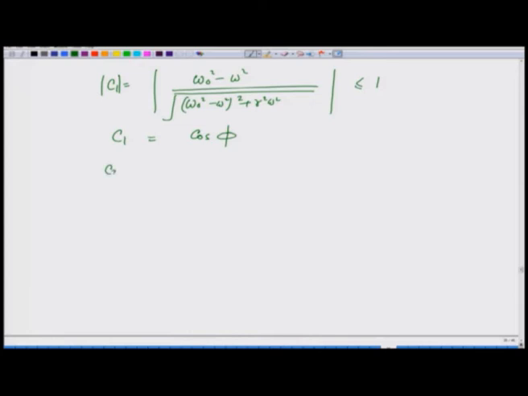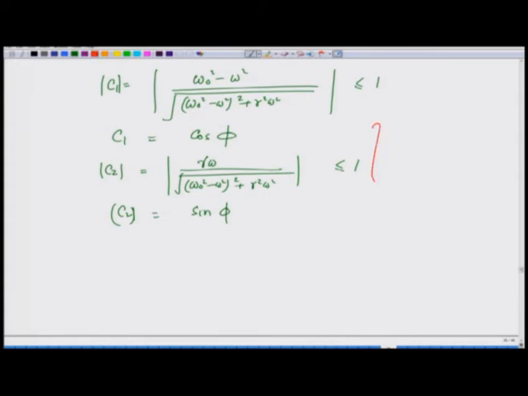Similarly, mod C2 is gamma omega over square root of omega 0 square minus omega square, whole square, plus gamma square omega square, also less than or equal to 1, and I am going to call C2 sin phi. I am justified in doing that because, as I pointed out in the previous slide, C1 square plus C2 square equals 1, that you can check very easily.